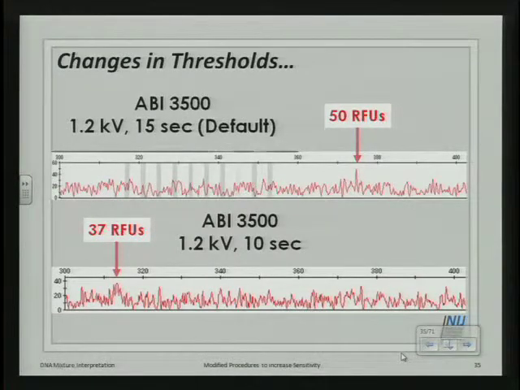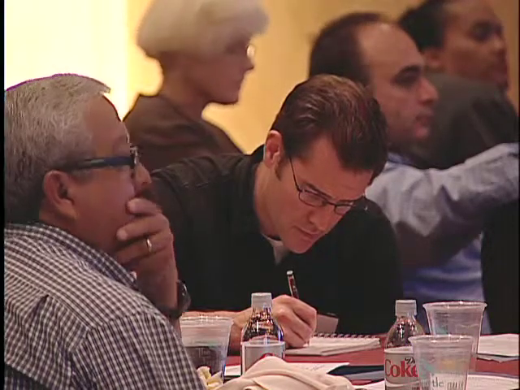The highest peak that we observed in the PET red channel was 37 RFUs. But if you look at adding an additional 5 seconds, which is the default on the 3500, your highest peak is at 50 RFUs. So you're increasing your analytical threshold too. So sometimes the gain may not be that great, because not only are you raising the signal, but you're also increasing your thresholds too.